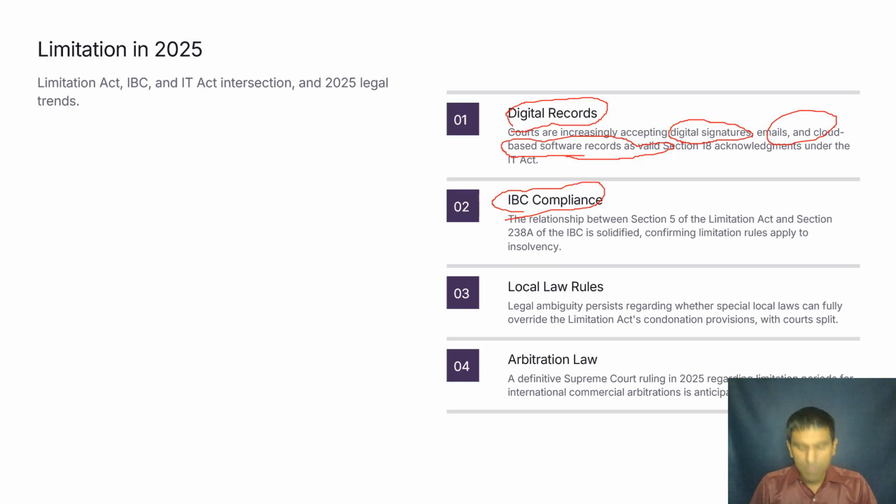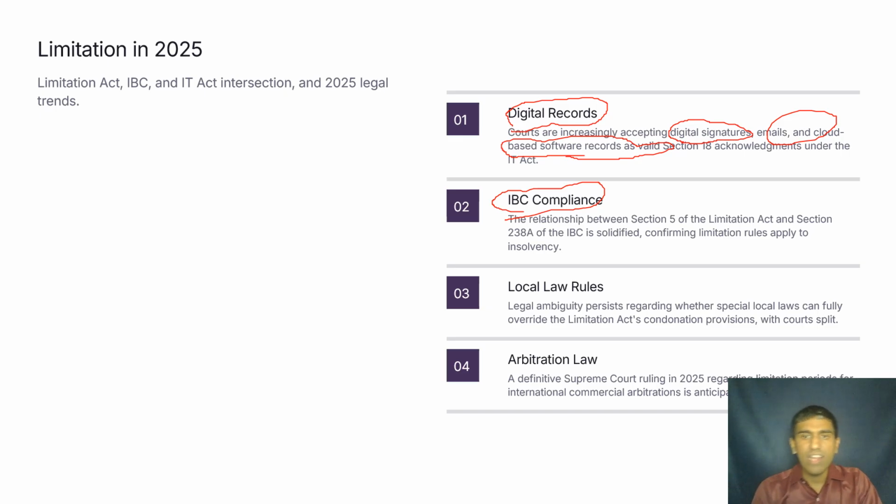So again, IBC compliance has now proven a thing. As I said, it starts from about 3 months from the date of liquidation or the date the insolvency was declared.